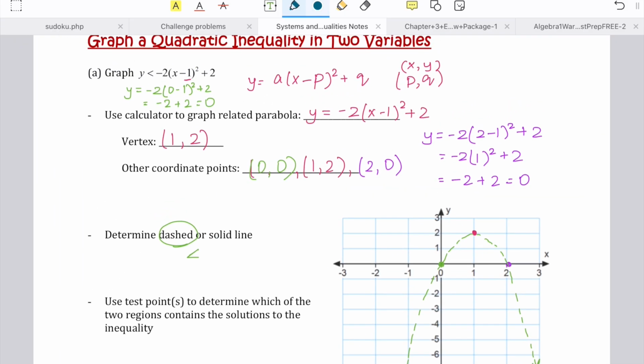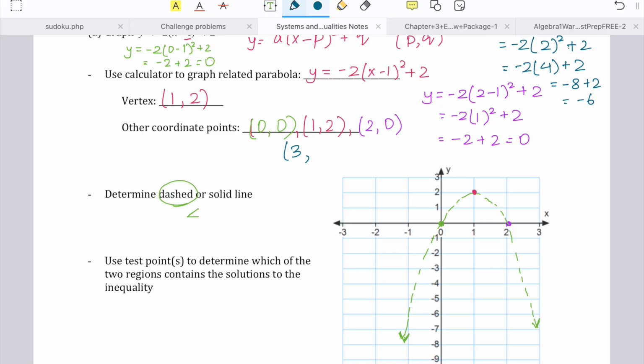Let's do x is equal to 3. So y is equal to -2(3 minus 1) squared plus 2. 3 minus 1 is 2, 2 squared is 4, -2 times 4 is -8, plus 2 is -6. So (3, -6) should be my point. It isn't, so I'm going to change how my parabola looks.